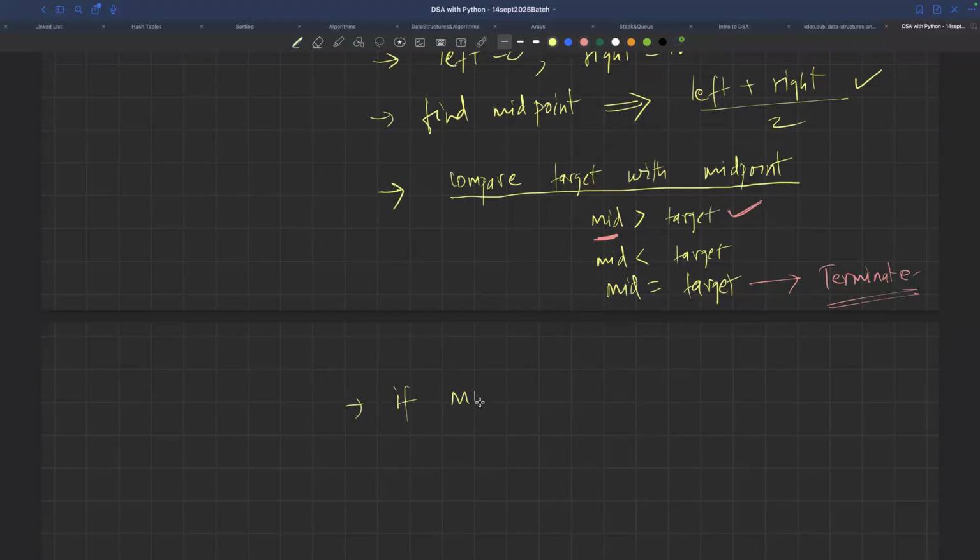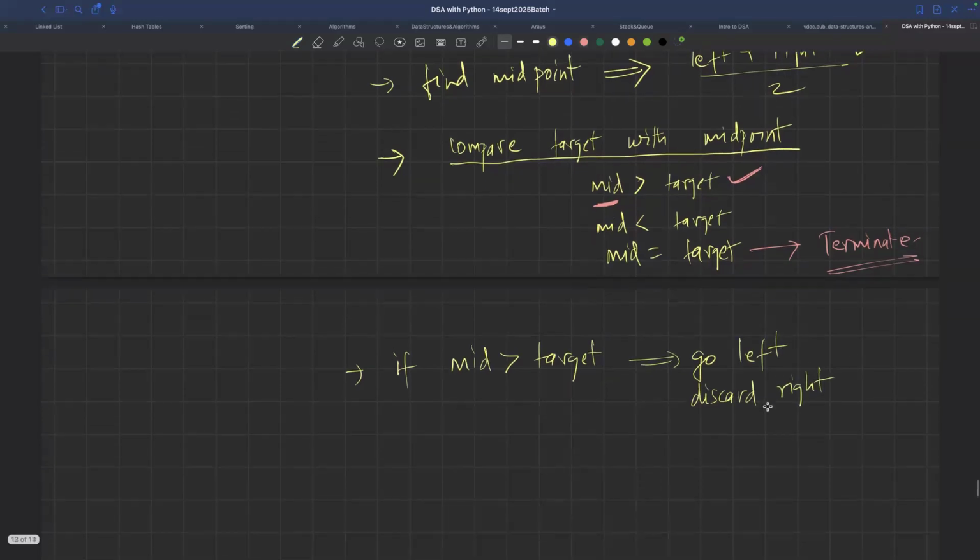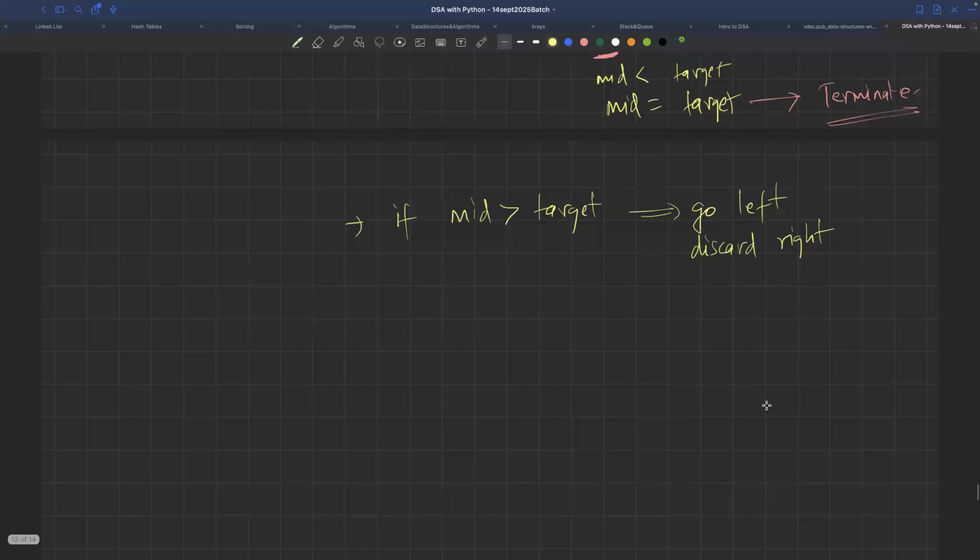If mid is greater than target, then what do we have to do? We have to go left, discard right. So when I say go left, what does it mean? Initially we were like this: 0, 1, 2 till 50 till 100.